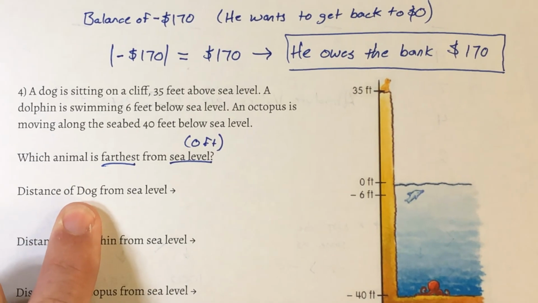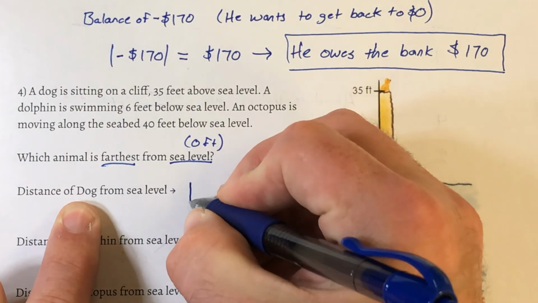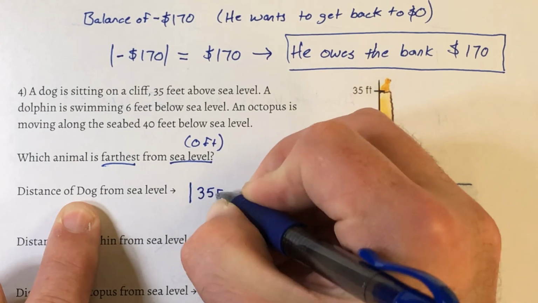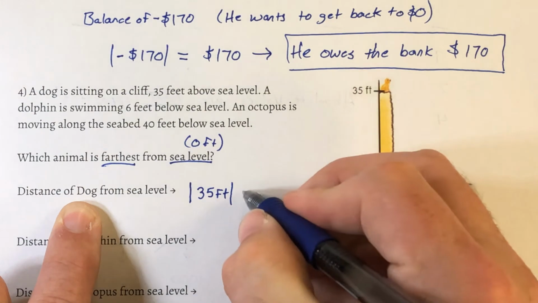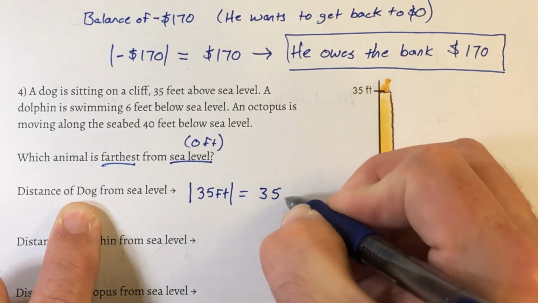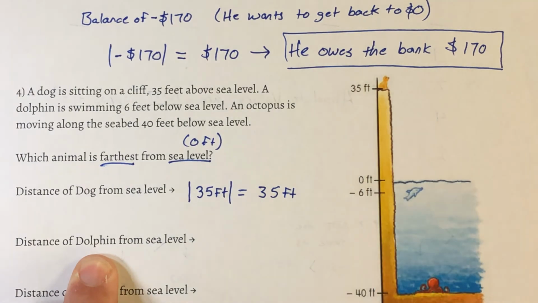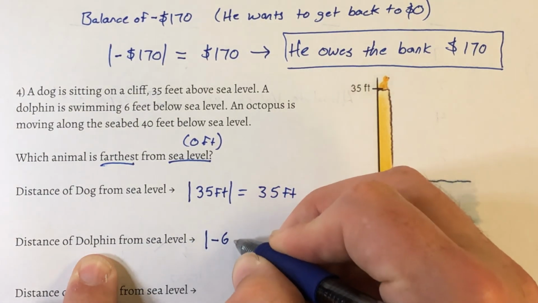So let's look at the distance of the dog from the sea level. So distance from 0, I would want to calculate the absolute value of 35 feet. How far is 35 feet away from 0? 35 feet. The dolphin is at negative 6 feet. So I want to calculate the absolute value of negative 6 feet.